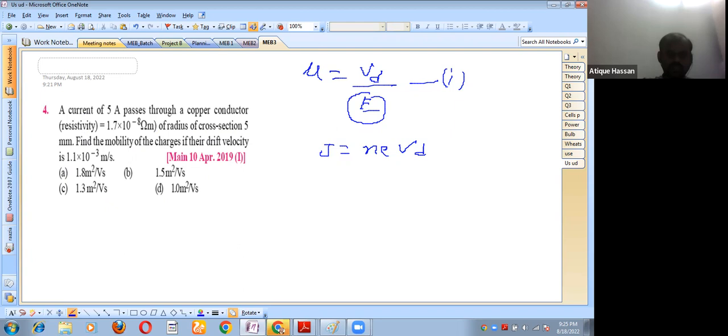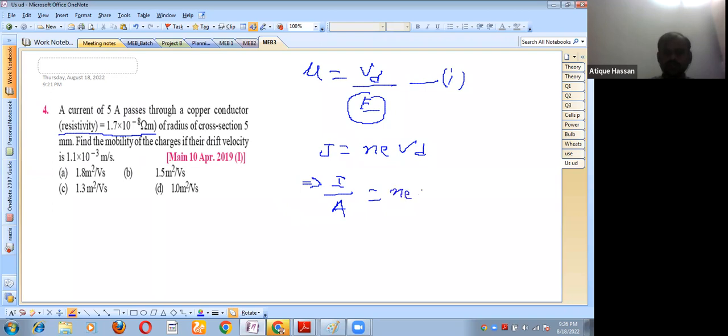So resistivity is also given. Okay. So what should we do? Current is given, so we can do it like that. We can write current density J is equal to I by A, and here the number of charge carriers n is also not given.